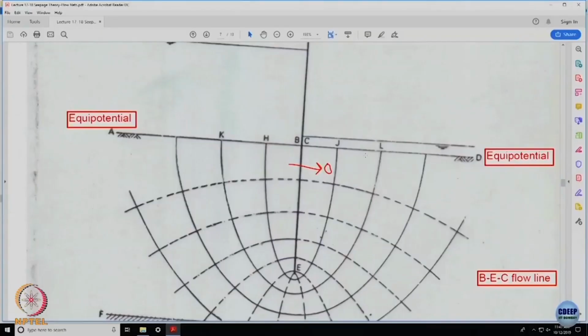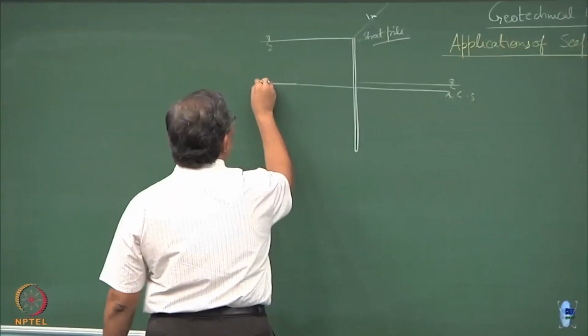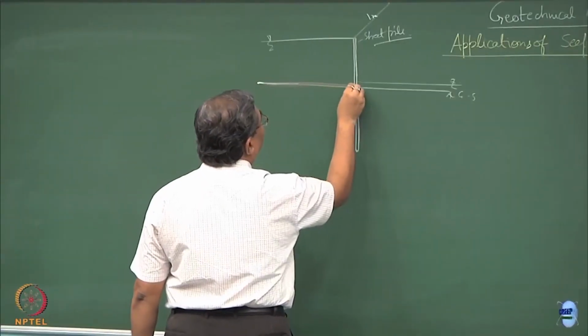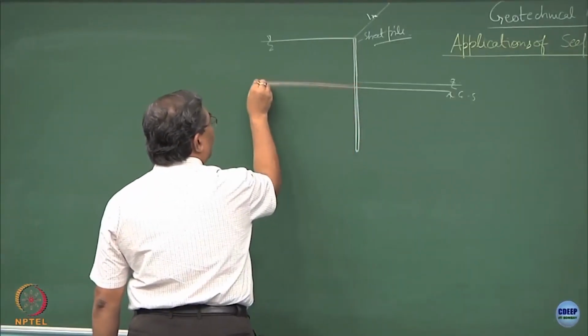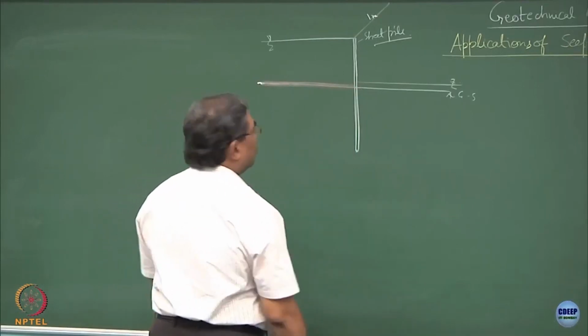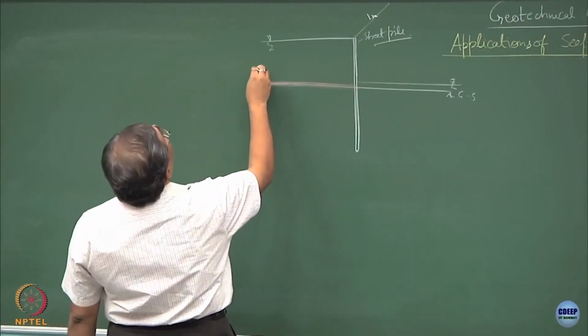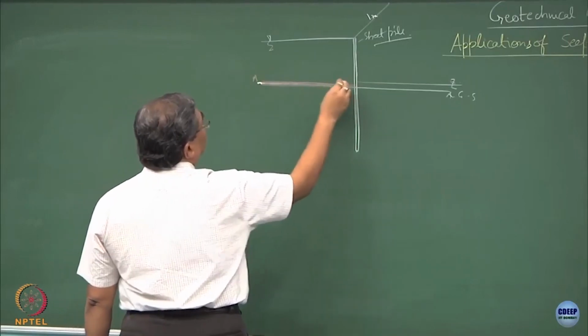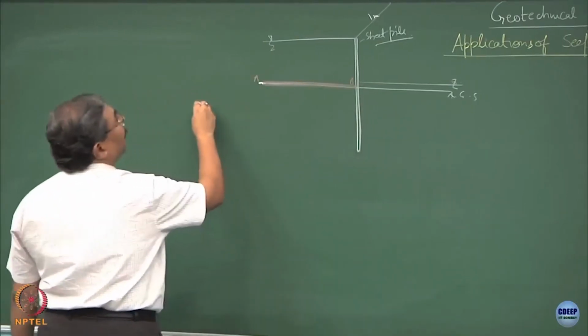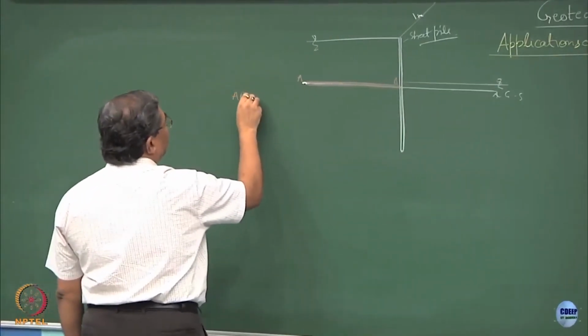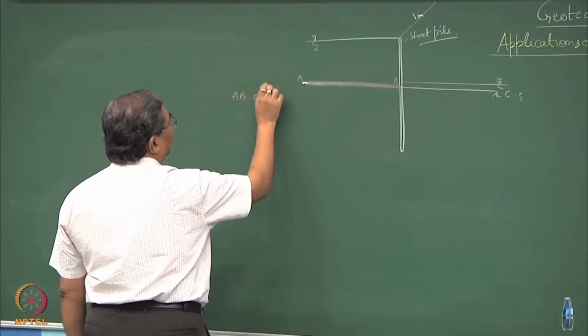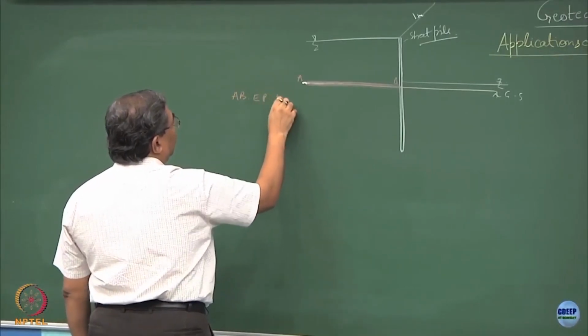Why is it an equipotential line? Have you understood or not, all of you? So, AB happens to be an equipotential line. Is this part clear?